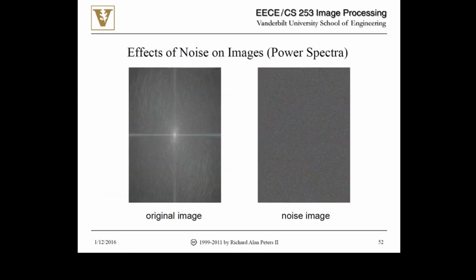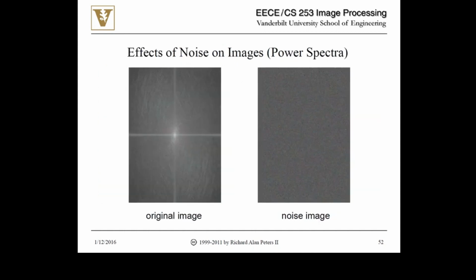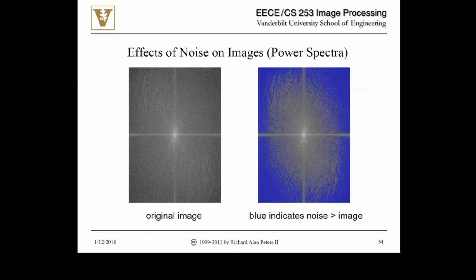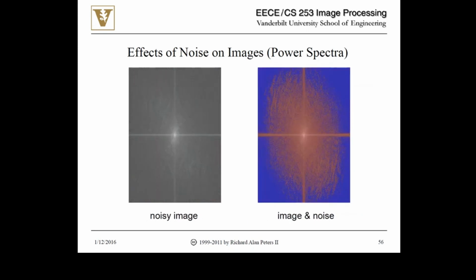These are 1D representations. Here are the 2D representations. We have the power spectrum of the image, the power spectrum of the noise, and here we represent the area in which we have more noise than signal, the area where we have more signal than noise, and we superpose both.